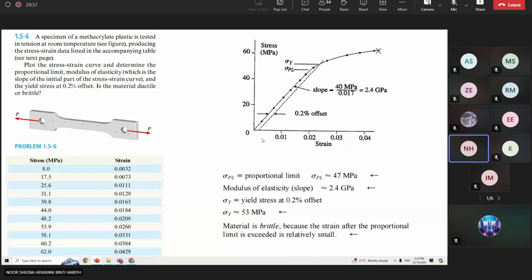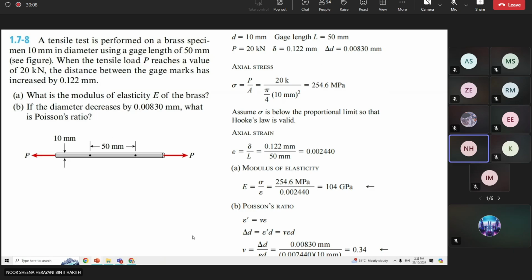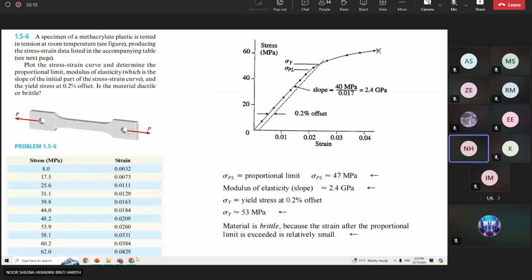The smallest strain is 0.0032, and the highest value is 0.04, before rupture. So you can use 0.01, 0.02, 0.03, 0.04, until 0.06.